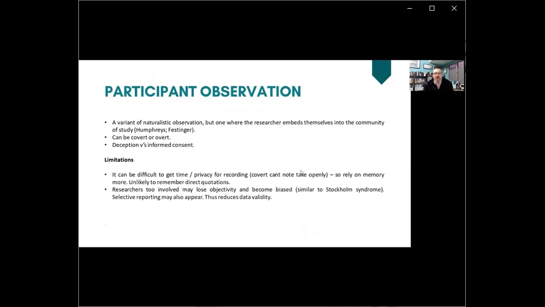The final of the three types of observation is participant observation. And this has, I guess we'll call it, a close personal connection to what happens. It is a variant of naturalistic observation, but it's where you as the researcher embed yourself into the community of study.